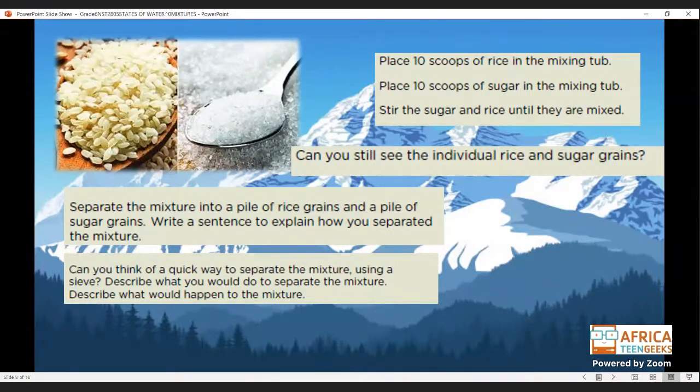Now you need to tell me how. Explain to me as if I'm someone who is blind and can't see what you're doing. Okay, so I hit on the side so the sugar can come out. With the side of what?